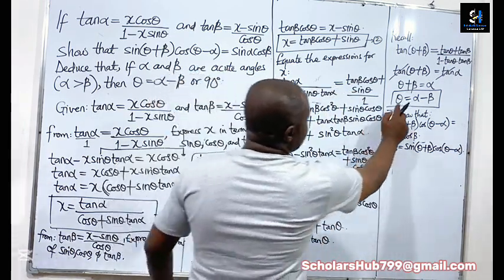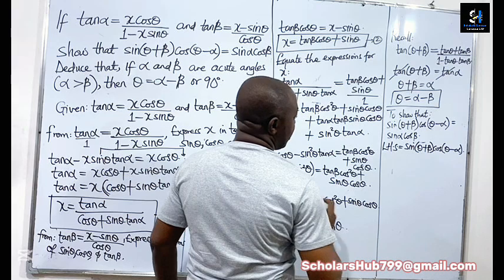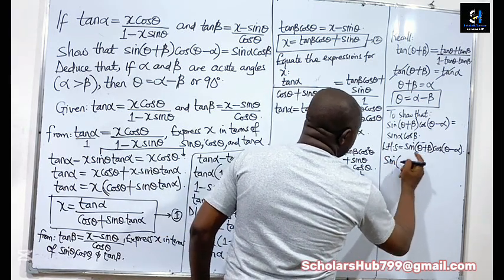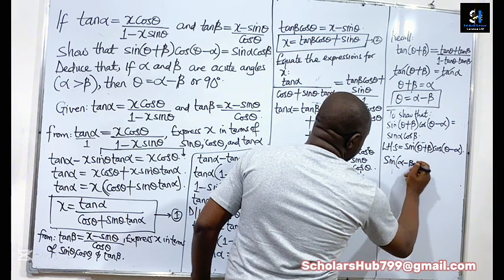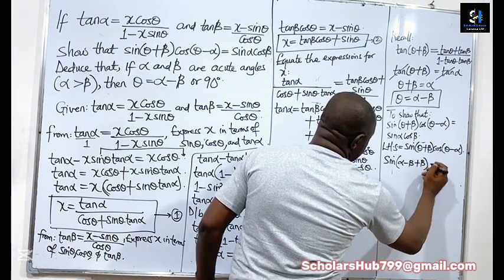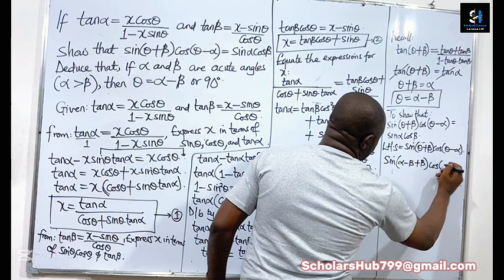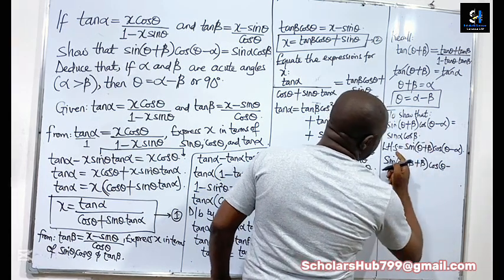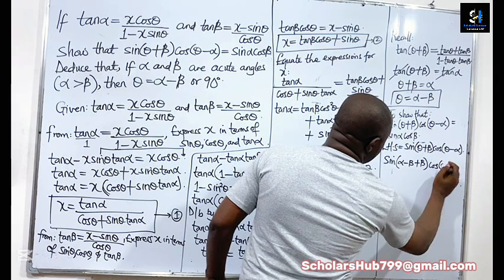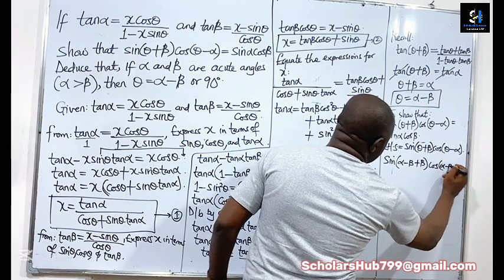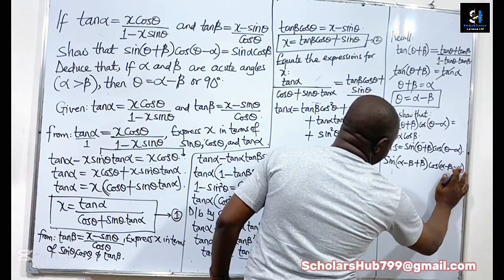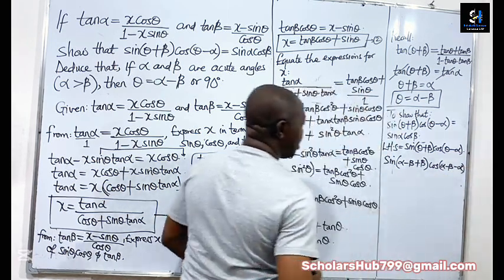So we have here that theta equals alpha minus beta. So sine of theta plus beta will now be sine of alpha minus beta plus beta. Then cos of theta minus alpha, theta is now alpha minus beta, then minus alpha.